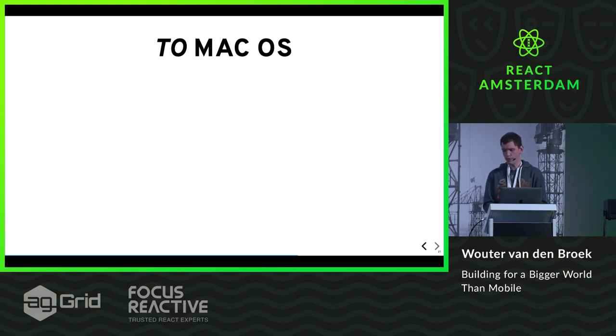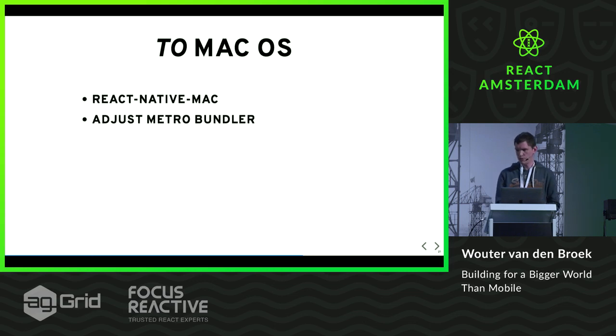Here we go again with the native modules. Now we need to adjust the Metro bundle to exclude everything that macOS and the macOS package doesn't understand, because it won't compile if it sees all those things.